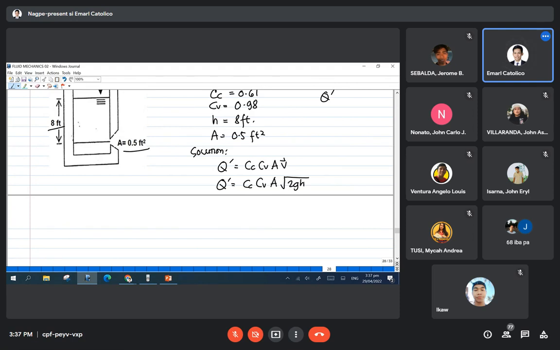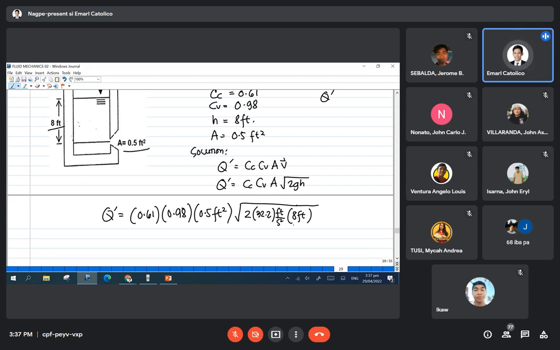Okay? Therefore, Q prime is equals to CC 0.61, CV 0.98, area natin 0.5, square root of 2 times 32.2 feet per second squared times 8 feet. Okay?